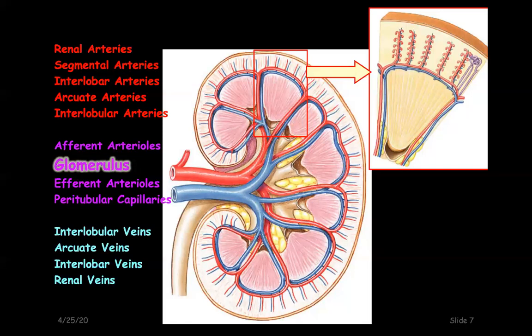From there, blood drains into interlobular veins, and then into arcuate veins, into interlobar veins, and then into the renal vein, which would be this. So in anatomy, it's typical that oxygenated blood is shown in red. So that's what I've indicated in the text here.